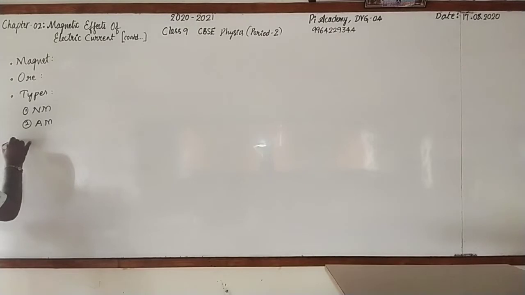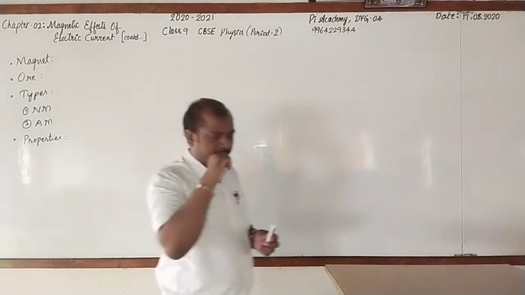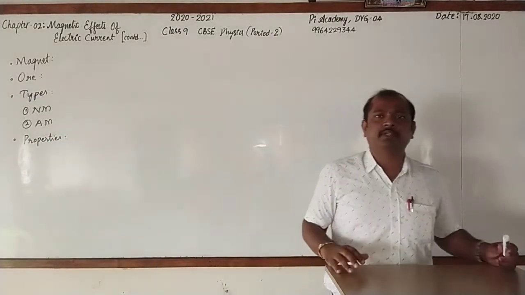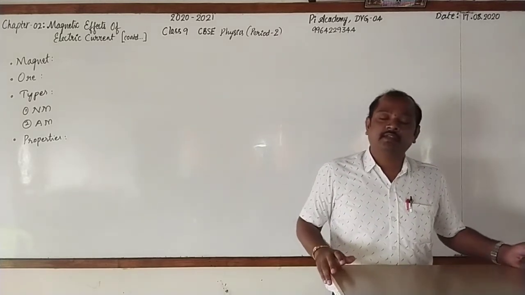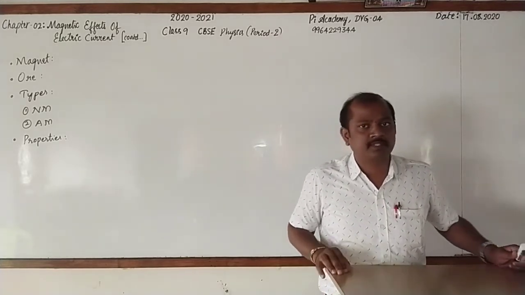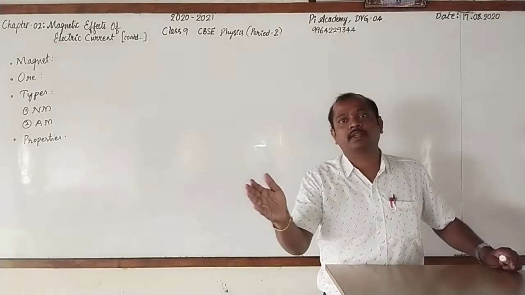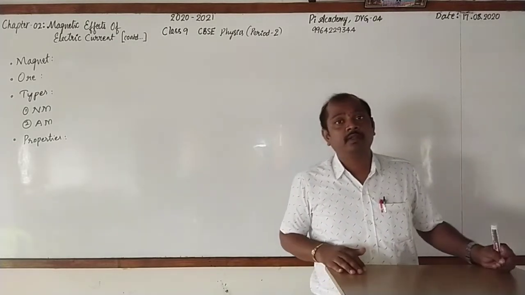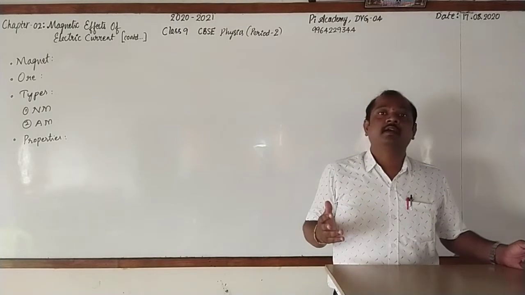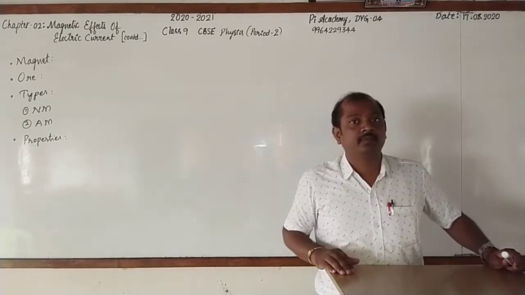Then after this, we recall important properties of magnet. What are those? The first point, general property: a magnet can attract iron and iron-like substances, right? And second point, it comes to rest in north-south direction when it is suspended freely. Third point, like poles of two magnets repel each other and unlike poles attract each other.